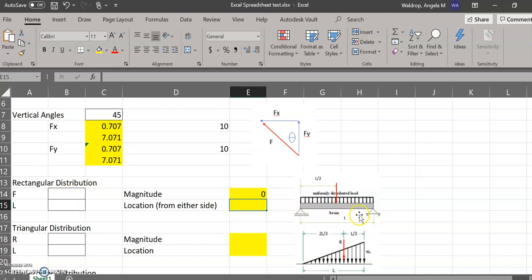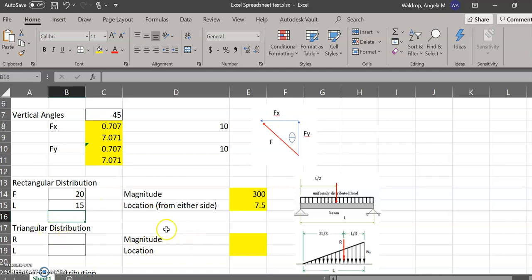And then we also need to figure out the location of that. It's going to be half of the length of L. So we'll do equals, we'll click on L, and we'll divide that by 2. Okay? And now we can go ahead and simply type in our numbers that we want. Let's say that we have a force value of 20 and a length of 15. And it goes ahead and calculates those values for us.